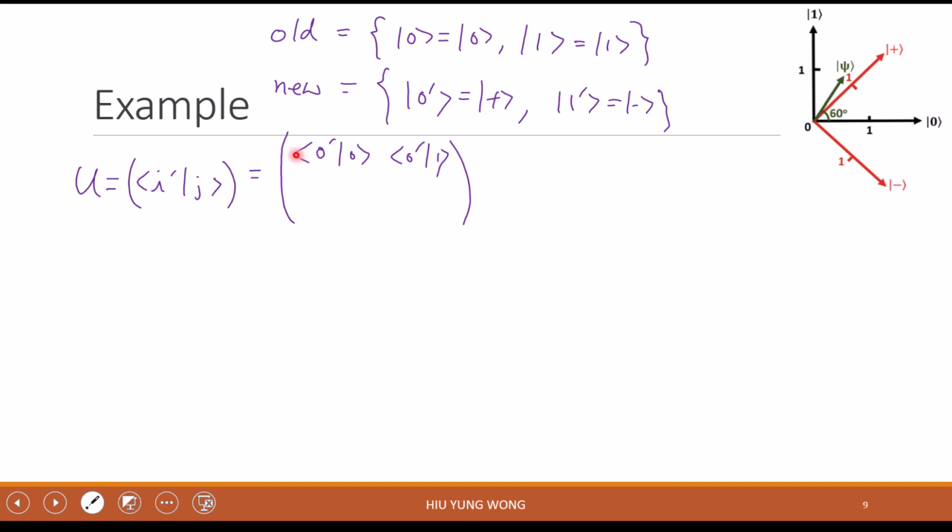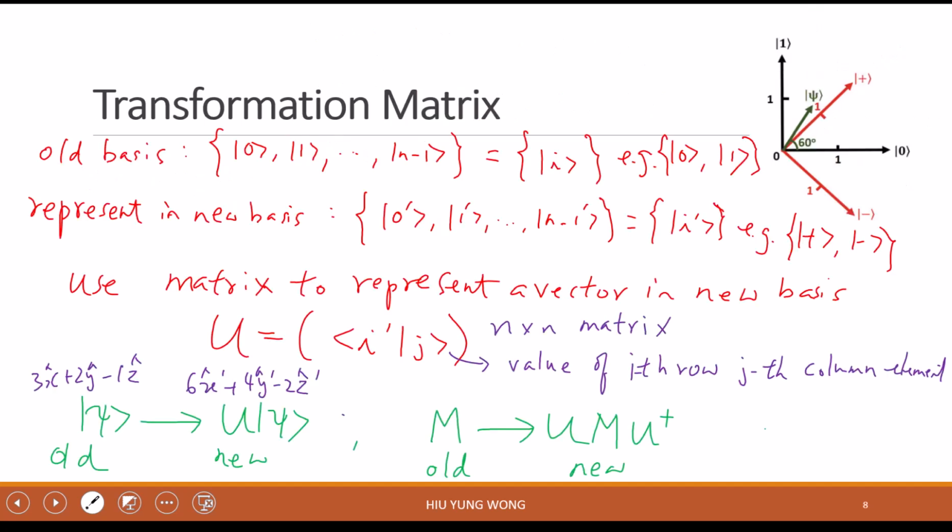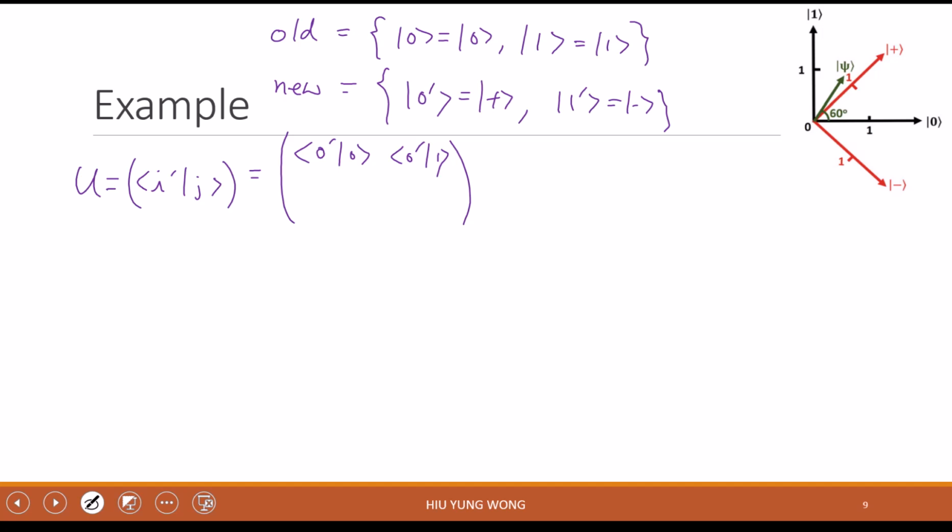Because this is the 0th row, so I have 0 dash, but 0th column, first column. Similarly, this is the first row, so I put 1 dash. And then this is 0th column, first column. Right? So do you see that?